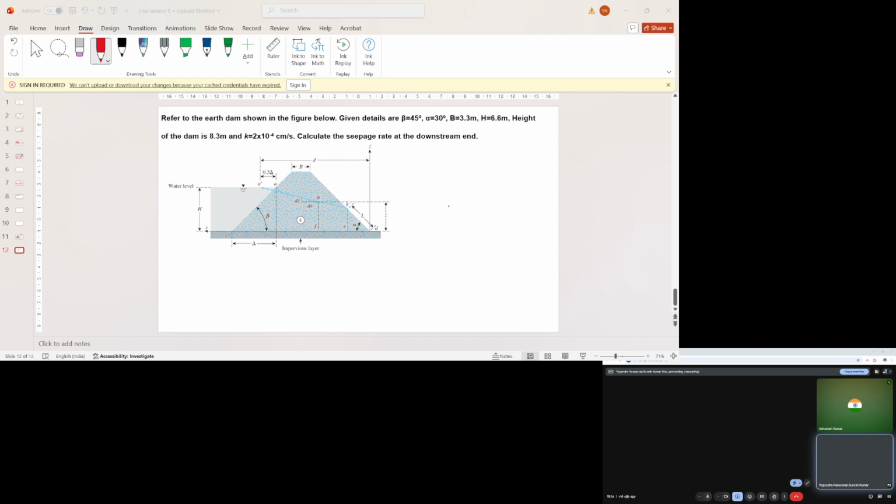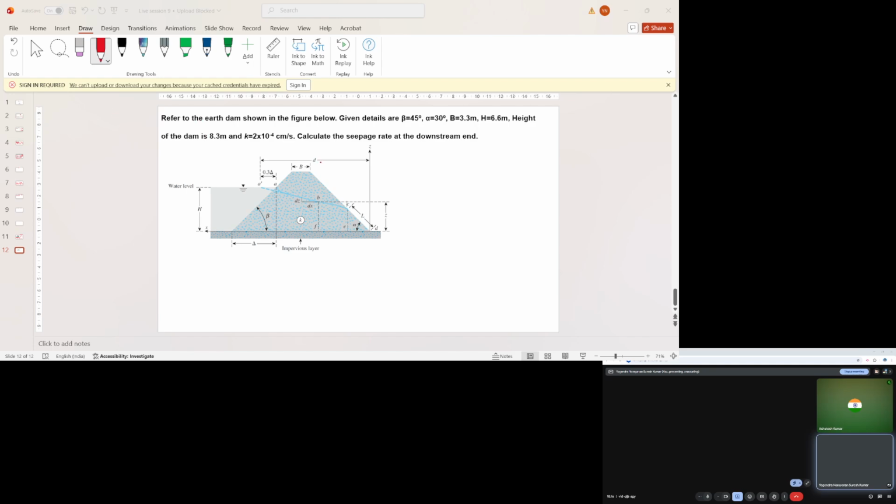Now in this, what are all the parameters which are known? Alpha we know, which is 30 degrees. B we don't know. H we know, H is 6.6 meters.